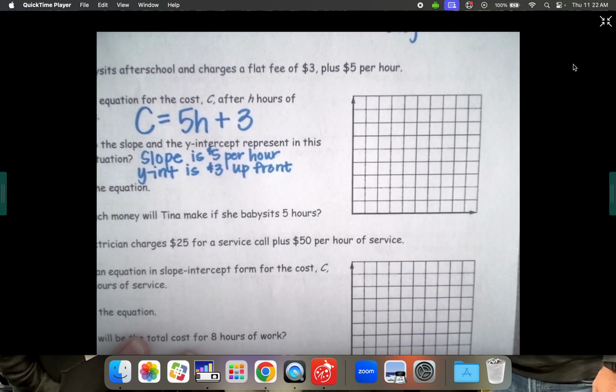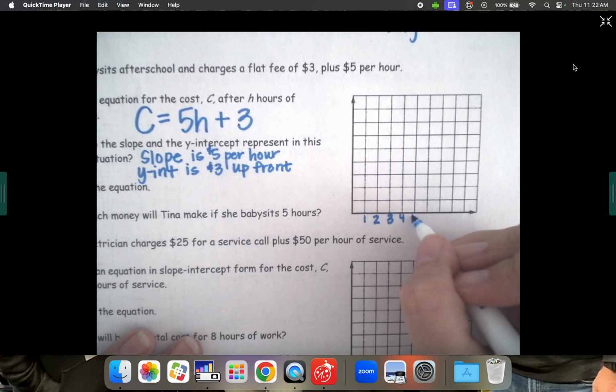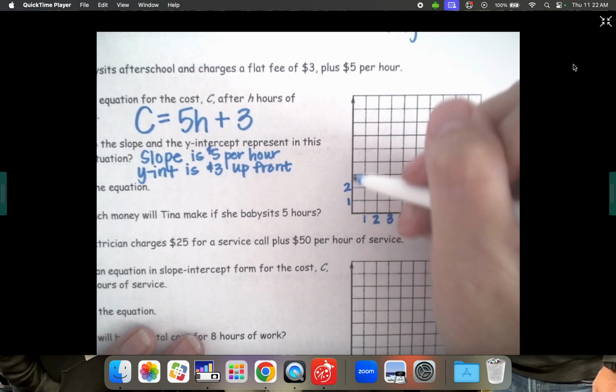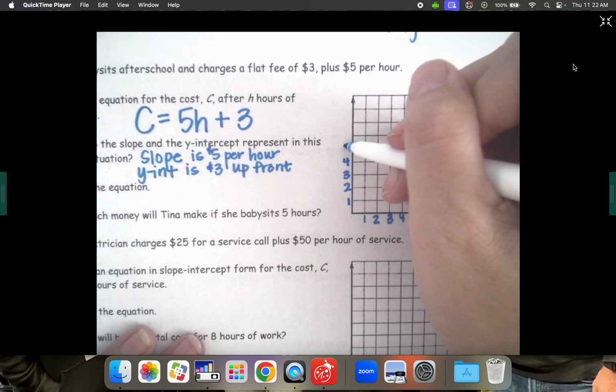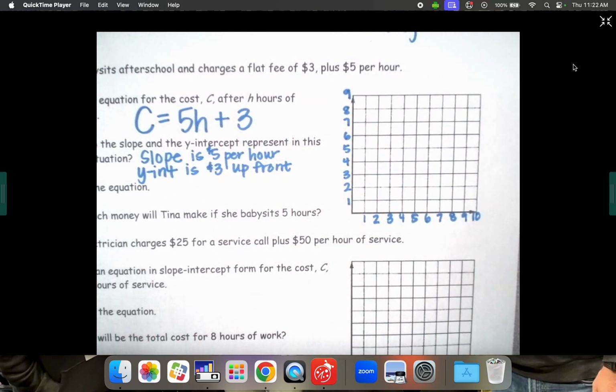Remember, to graph the equation, you have to set this up correctly. So let's count by ones. Be sure you're counting by your lines, not the spaces. And we can also count by ones this direction too. Okay, at which we only get up to 9.